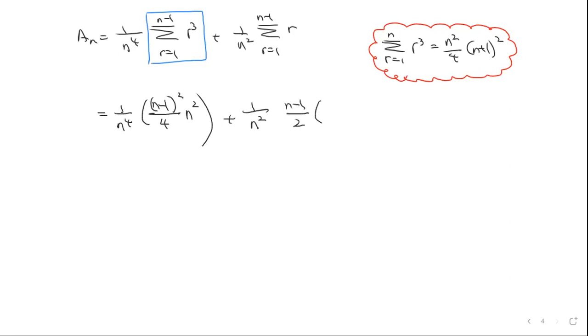times n. So this is just a sum of an AP, because you're really just adding 1 plus 2 plus all the way up to n minus 1, which you understand is the first term plus the last term multiplied by the number of terms all over 2, which gives us what we've written out there. Your n squared cancels.